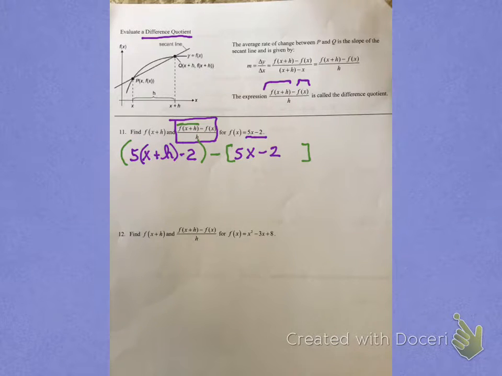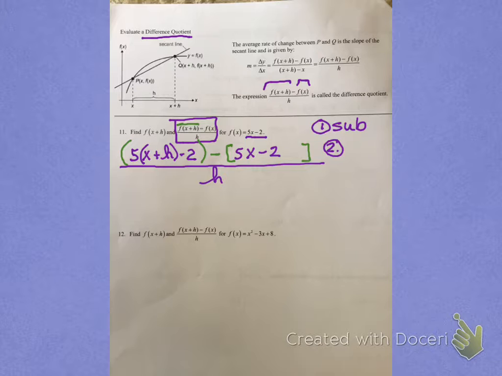The reason I put it inside brackets or parentheses, it doesn't matter, is that I want to be sure to distribute that subtraction sign out in front. And then all of that is over h. We have done the very first step. The first step is to substitute.